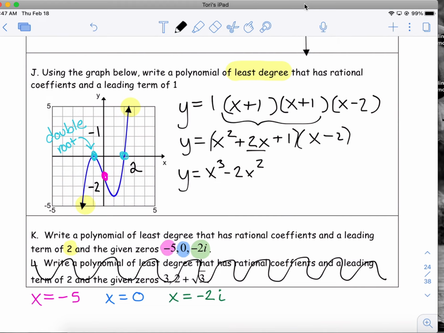Distribute with the 2x gives me plus 2x squared minus 4x. And then if we multiplied finally with the 1, we would get plus x minus 2. I'm going to go ahead and combine all my like terms. So x to the third, these guys cancel, minus 3x minus 2, and that would be the equation of my problem. Okay.